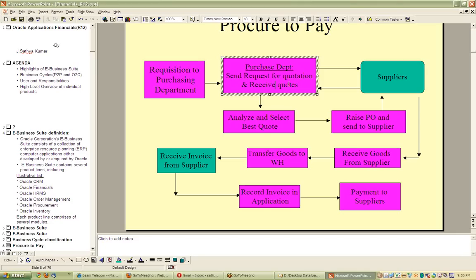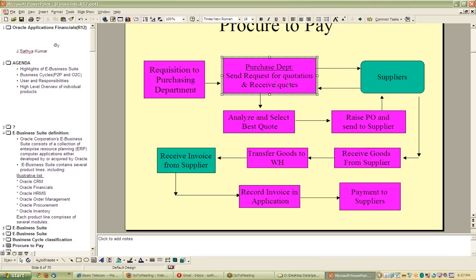Now after having selected one quotation, let's say you have shortlisted supplier B, the next job for the purchase department is to generate or raise a purchase order and send it to the supplier.